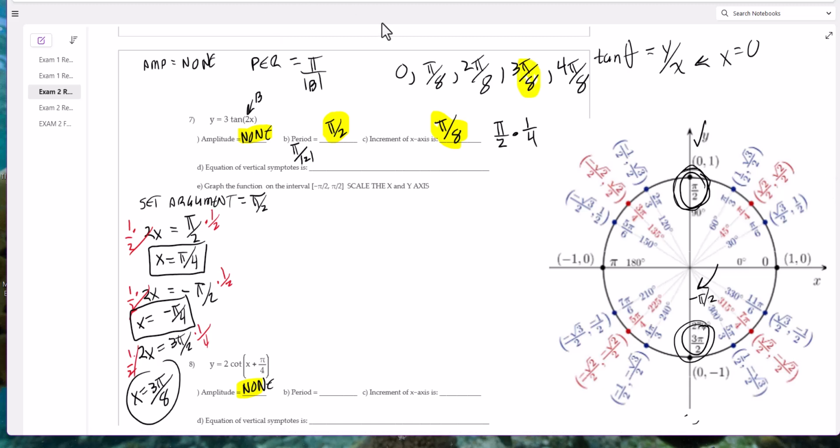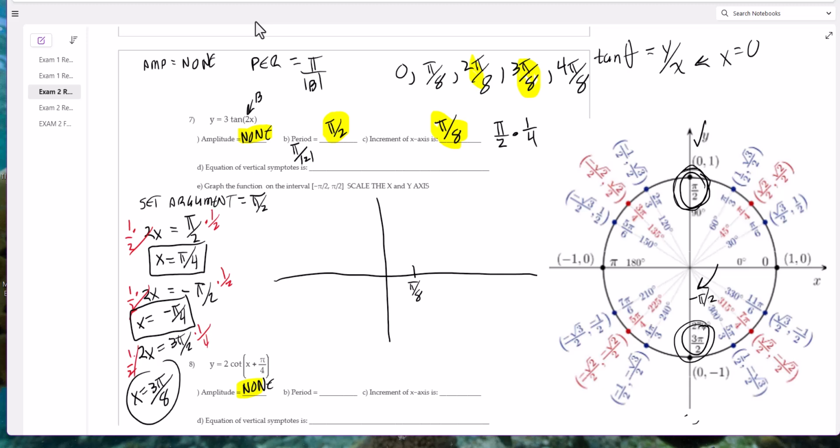At 3 pi over 8 there was an asymptote, and so forth. This one is pi over 4 like that. So I'm going to go ahead and get this set up. The increment is pi over 8, so I'm going to have pi over 8, then 2 pi over 8 reduces to pi over 4.